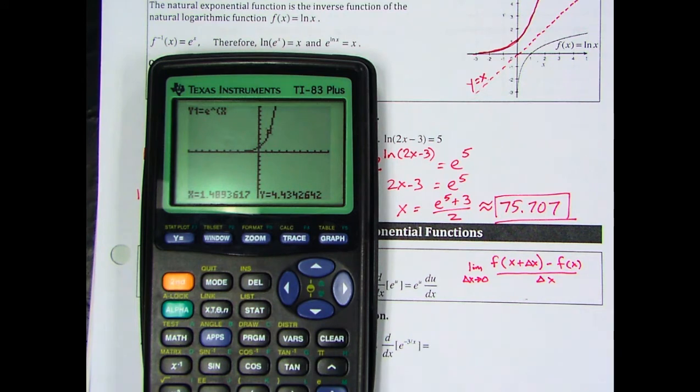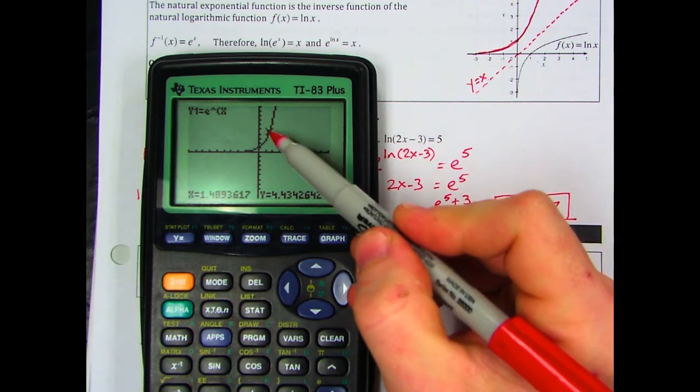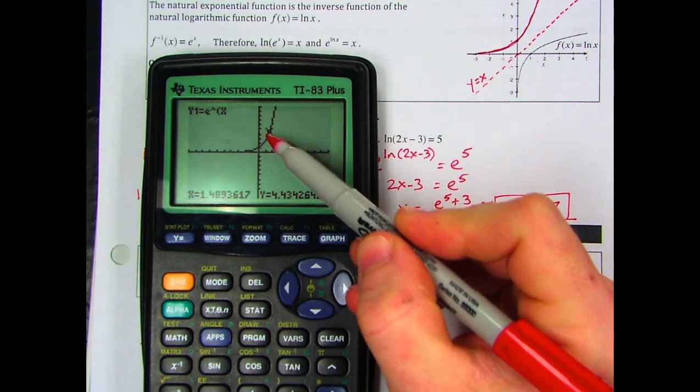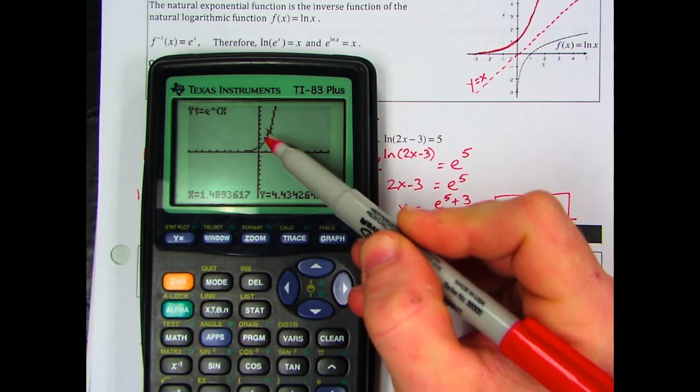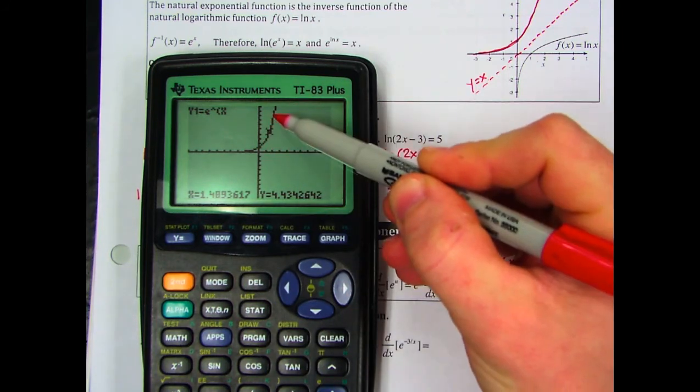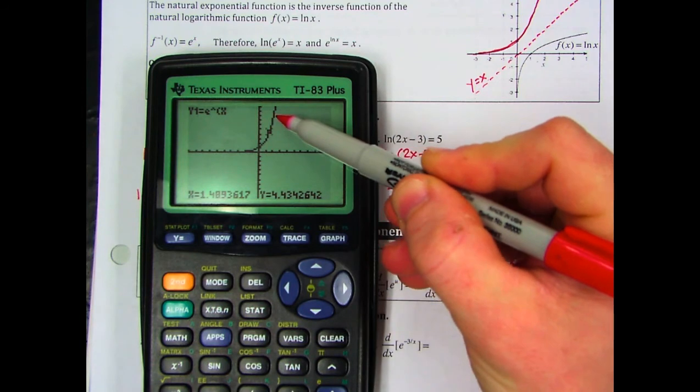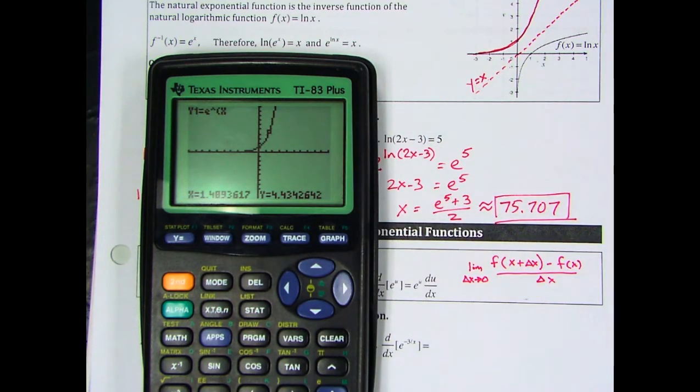Think about that in terms of slope. That means the slope of this function is the y value of that function, always. So if you go over here, the slope is whatever y value this is, and it's always the same going all the way up the entire graph.